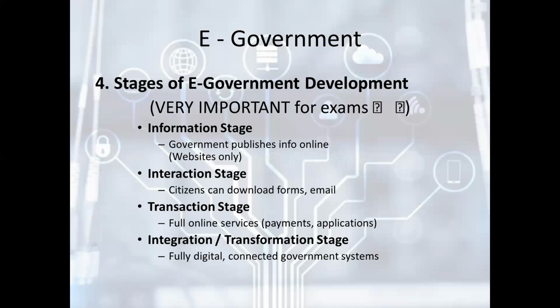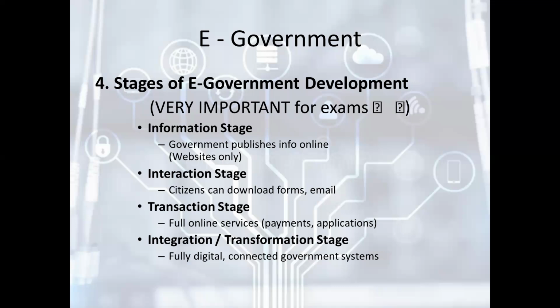Okay. Stages of e-government development. This is very important for exams. From this slide also, there should be one question in the exam paper. Stages of e-government development: information stage, interaction stage, transaction stage, and integration or transformation stage.